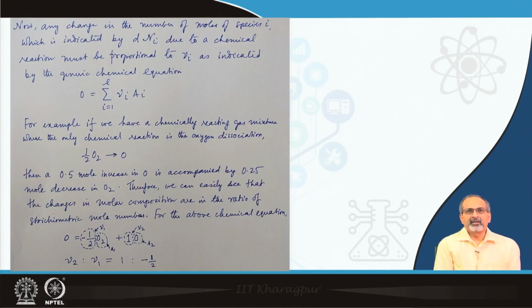Now, any change in the number of moles of species i, which is indicated by dNi, due to a chemical reaction, must be proportional to nu i, as indicated by the generic chemical equation.